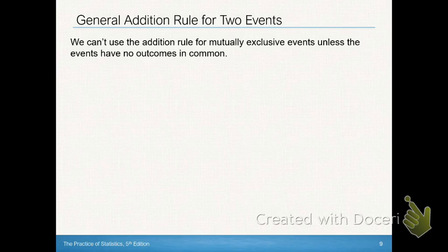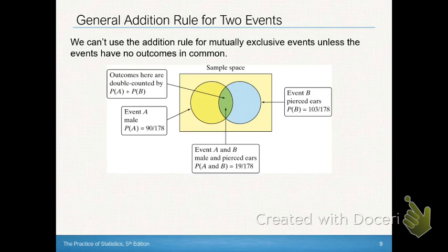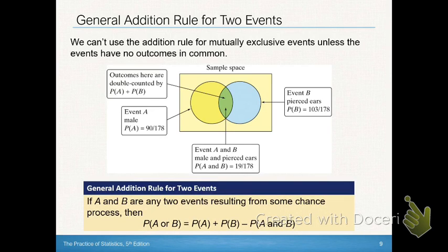In our last section of notes, we had an addition rule where we just took two events and added their probabilities, but we mentioned that that only works when they're mutually exclusive, or when the two events don't have any overlap. When our events have overlap, we have to adjust our formula a little bit. So now this formula shows us subtracting out the overlap piece.